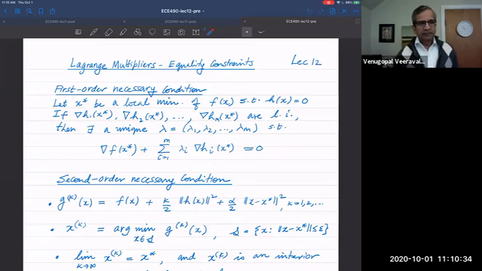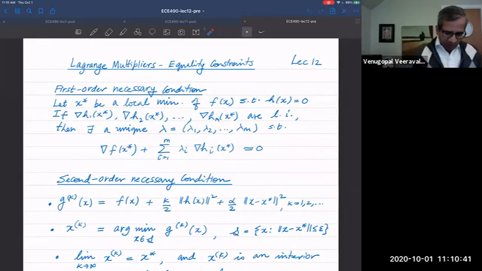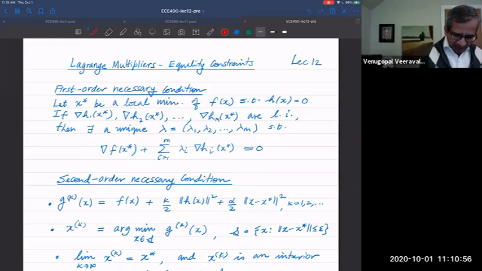Now, there are two sets of equations we can use, and when we talk about sufficient conditions, we'll mention that again. There's this equation in terms of the gradients, and of course, x star also has to satisfy the constraint equations, right? How many equations are these in total?